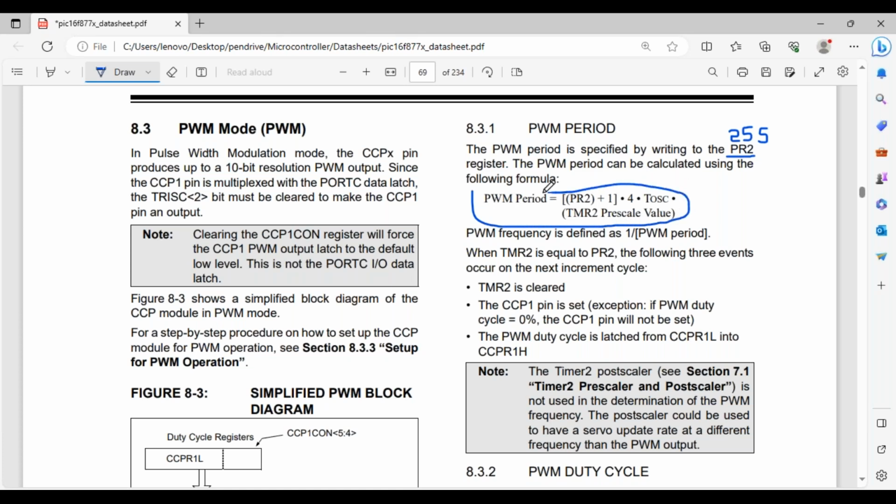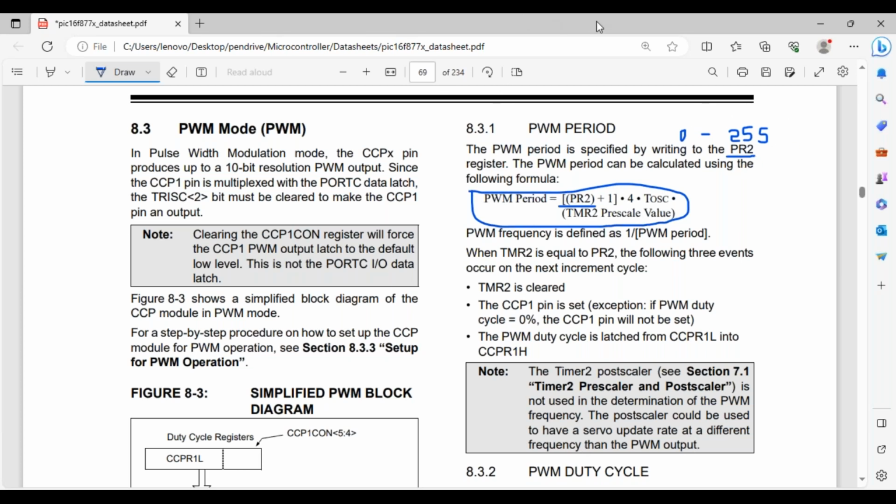You have to use this formula and write the PR2 register with a specific value for a required period. The PR2 register value varies from 0 to 255.